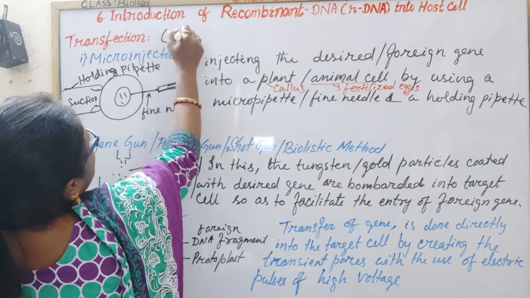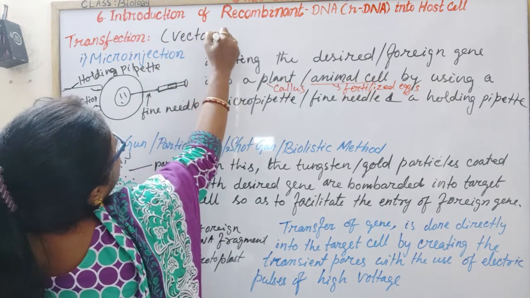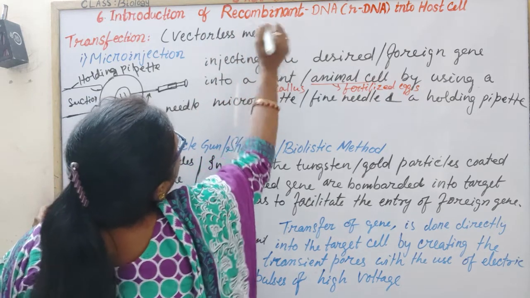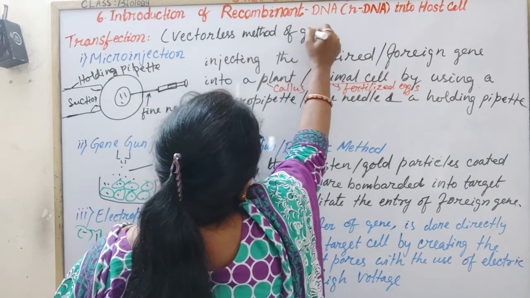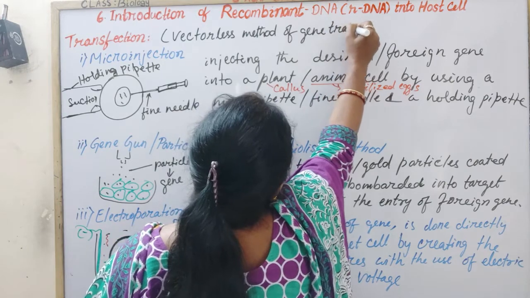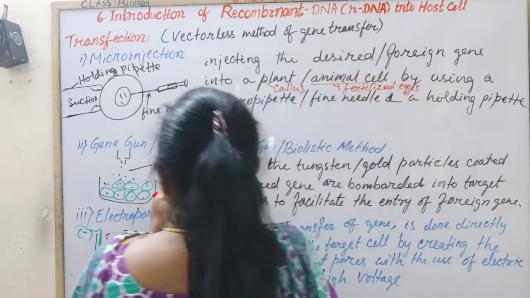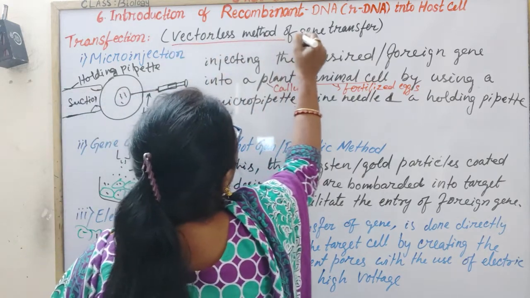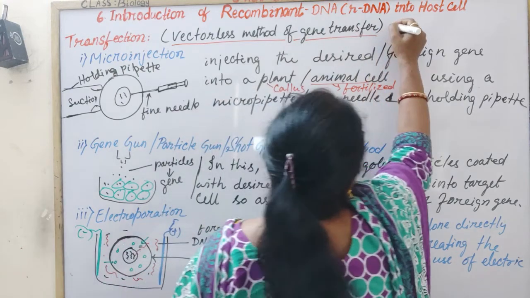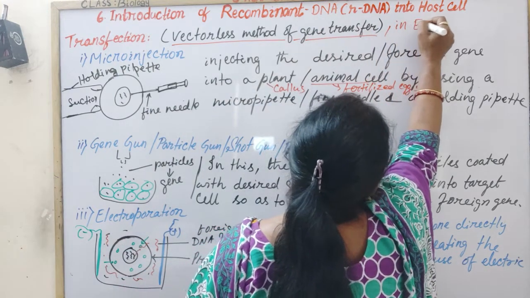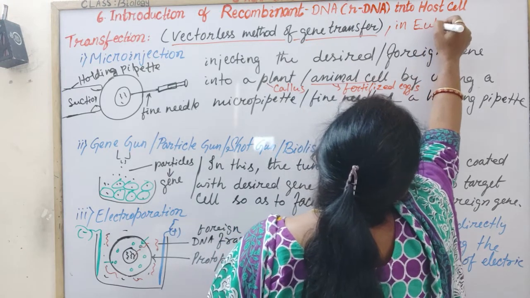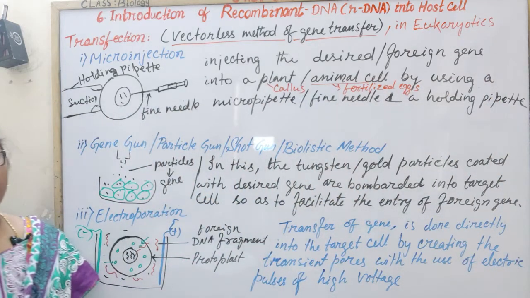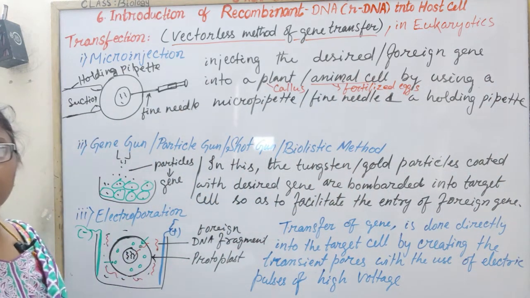Transfection is a vectorless method of gene transfer, and as we discussed, this method is used mainly in eukaryotes, for the uptake of the foreign DNA segment.